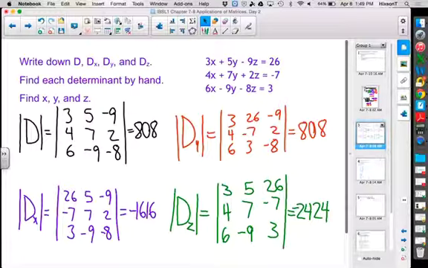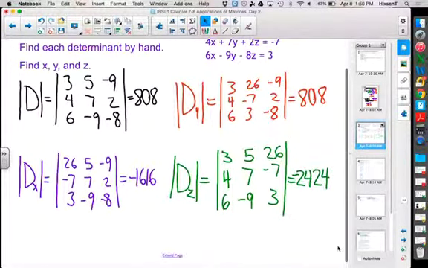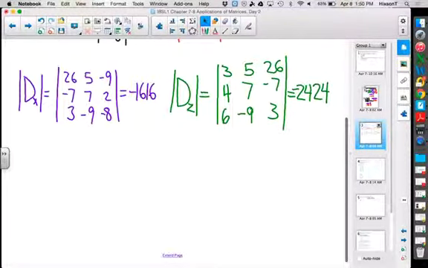If you're stuck and you're not sure how to get that, then feel free to ask. Just to review, I'll show both methods here.